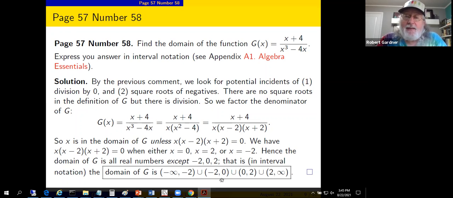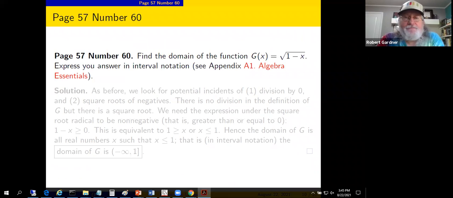By strictly, I mean, as explained in the appendices, excluding the endpoints. These are all x's between 0 and 2, excluding 0 and 2. And this is all x strictly greater than 2. So all we've done is removed 2 and 0 and -2. In interval notation, there's the domain of that function.